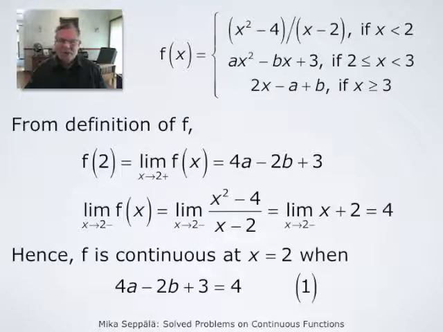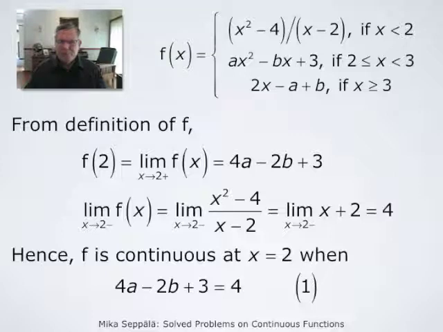So we conclude that f is continuous at x equals 2 if these two one-sided limits agree, so if 4a minus 2b plus 3 equals 4. This is the first condition on a and b. We have two unknowns, and we are going to get two conditions, of which this is the first one.